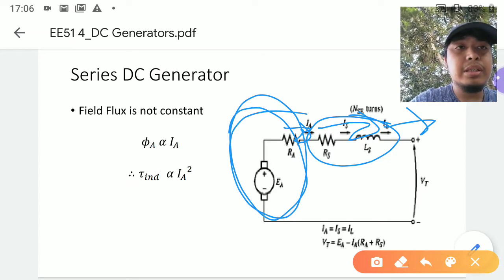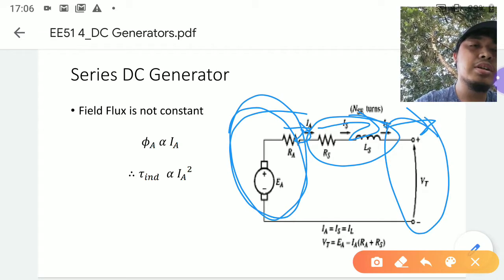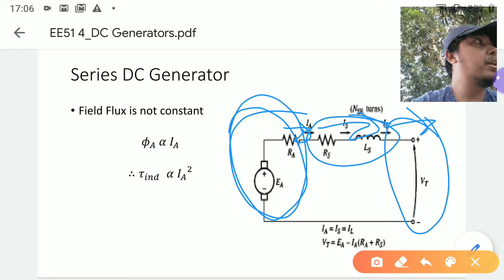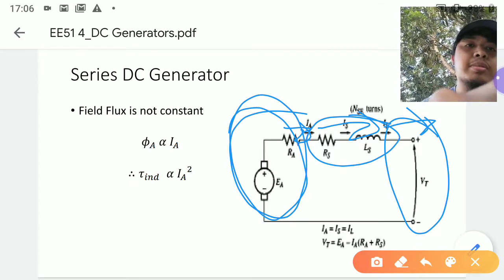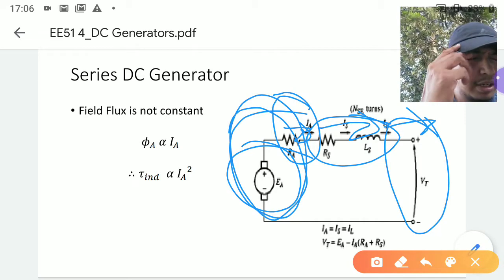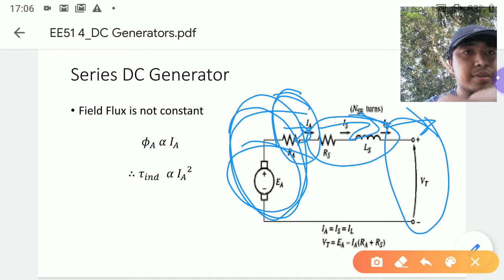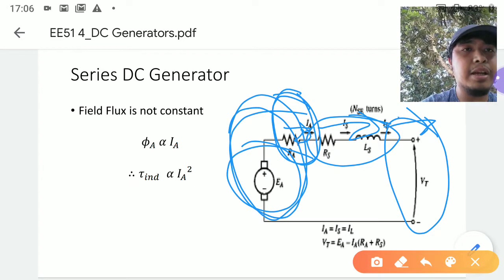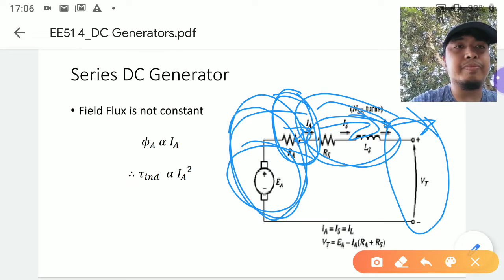Now, the terminal voltage, as opposed to your separately excited and shunt generator, would be your induced voltage less armature voltage drop and field voltage drop.